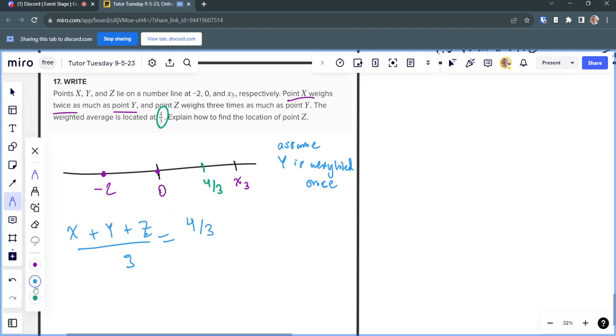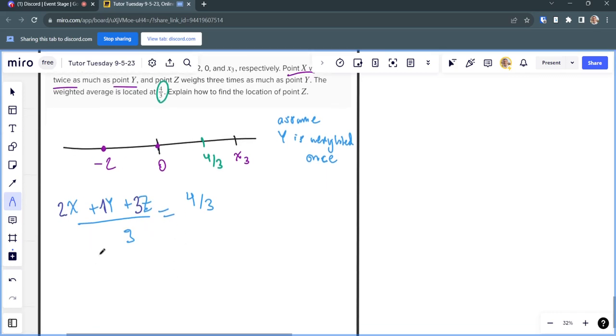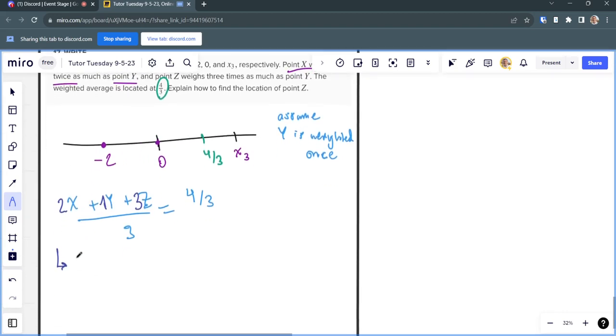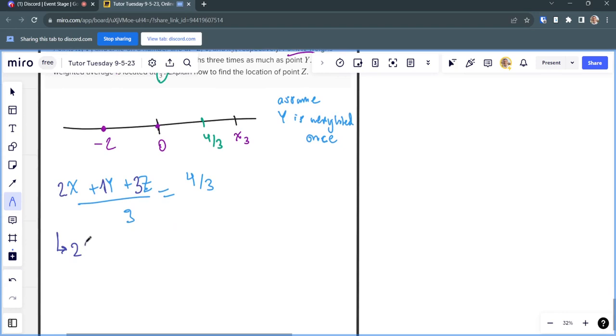But of course, we need some multipliers on those. y has a multiplier of 1, x is weighing twice as much as point y, and z is weighing 3 times as much as point y. So we're going to count that 2 times and 3 times. If I plug in the numbers for x and y, we get 2 times -2 plus 0 plus 3x3 over 3 is equal to 4/3.